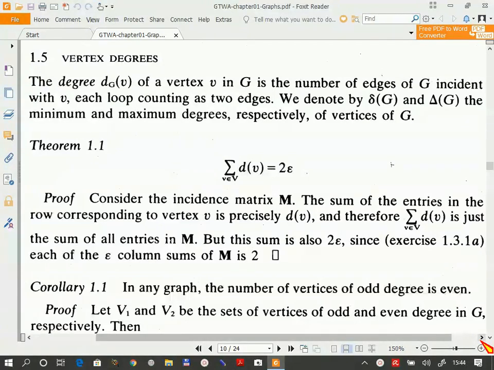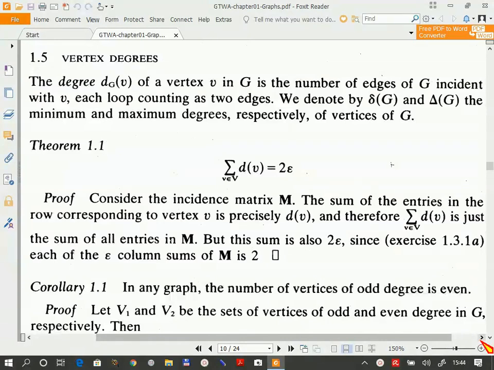I go to another vertex and I count, and I have the degree, and I have the degree. At the end, all edges have been counted twice. The loops because they are counted twice at the vertex where they are, and the links because they have been counted on one end and on the other end.